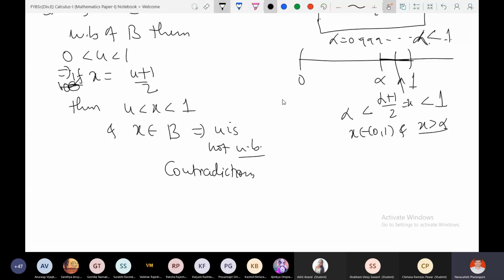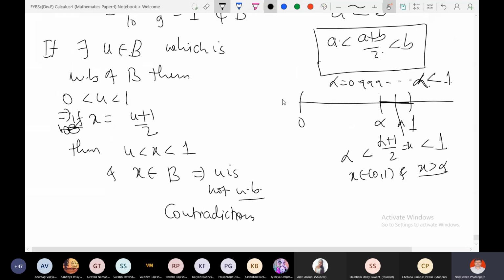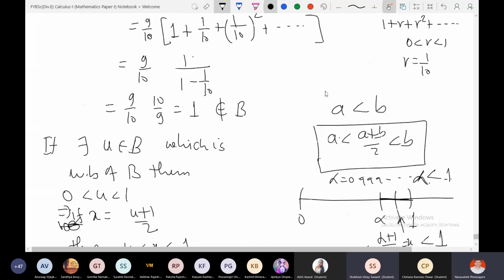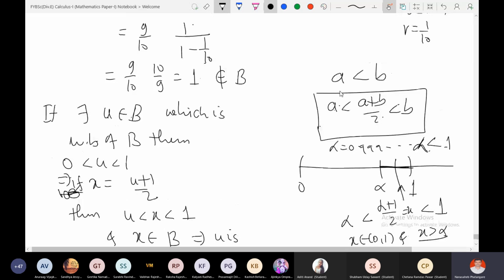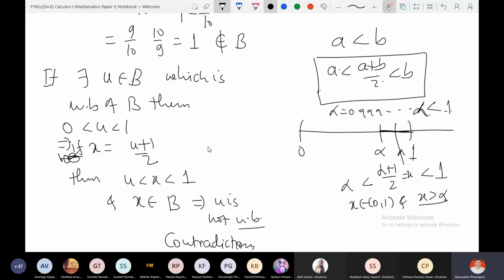Do you understand? Is this clear what I am saying? So if you say that some number from the set is an upper bound, then that number is less than 1. Immediately I can produce x, which is a member of the set, which is greater than u.